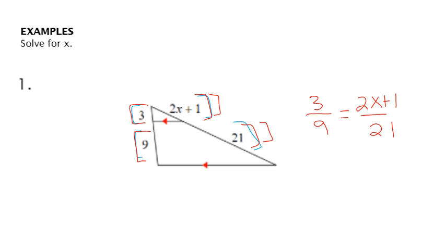Now from here, we're just going to simply solve for x. You can also reduce the 3/9 to 1/3 to make the problem easier, but basically, we're just going to cross multiply.